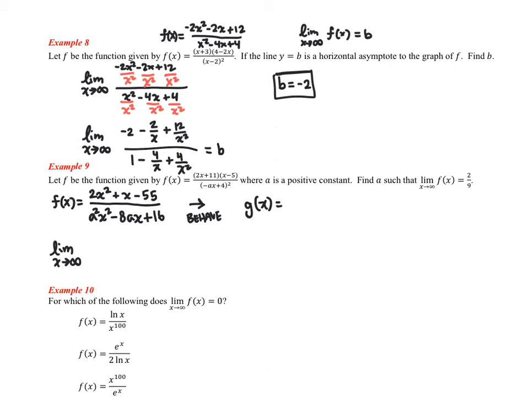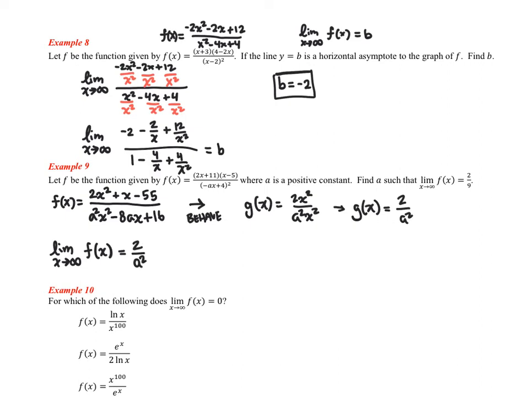So it'll act very similar in the long run, with a similar rate of change, to 2x squared over a squared x squared. If I reduce that, g of x in the long run will behave like the ratio 2 over a squared. So the limit as x approaches infinity of f of x will be equal to 2 over a squared.